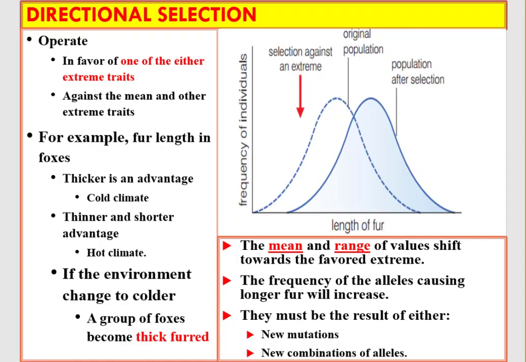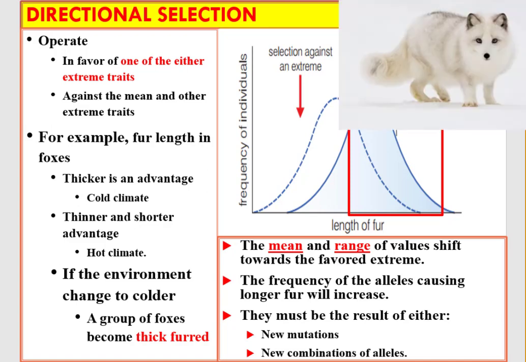If the environment changed to a colder climate, a group of foxes would need to establish themselves in favor of the colder environment. That means they need to become thick-furred.